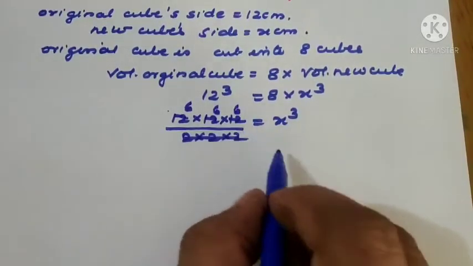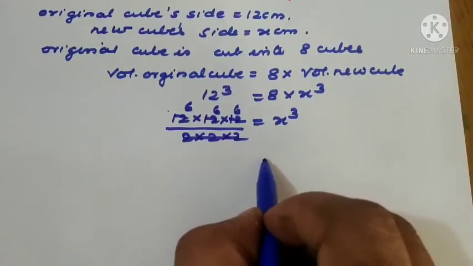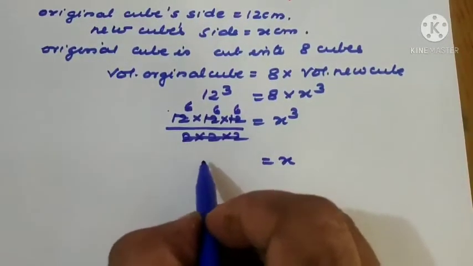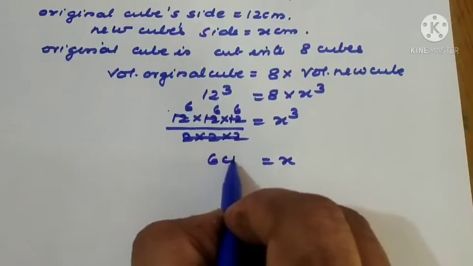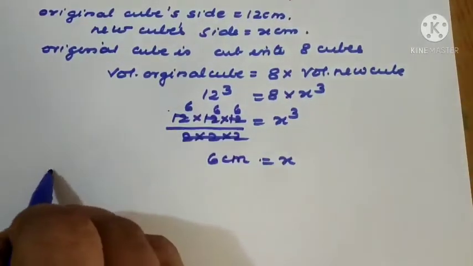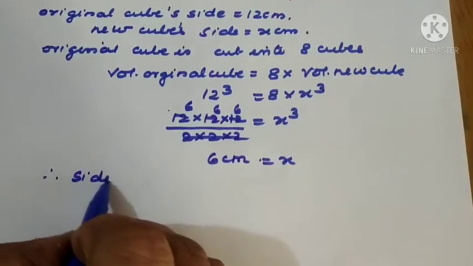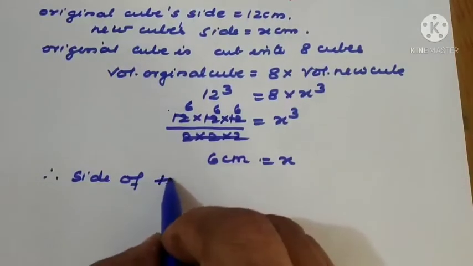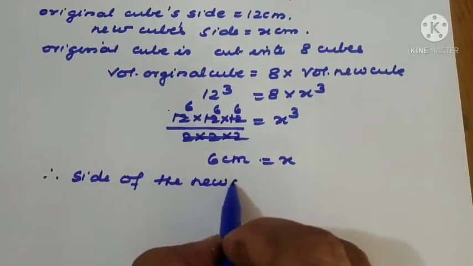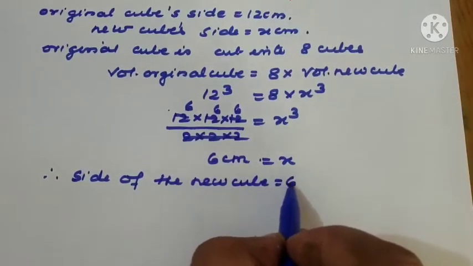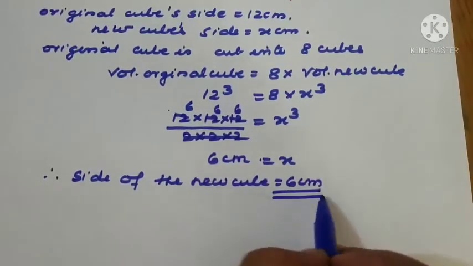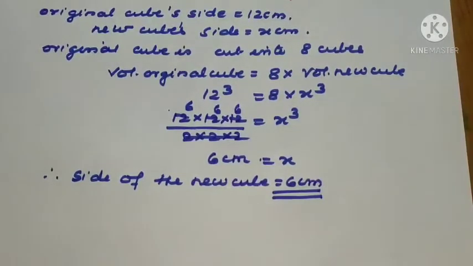So x cube is 6 repeated 3 times, means x equal to 6 centimeter. So the side of the new cube equal to 6 centimeter. One part of the answer we got.